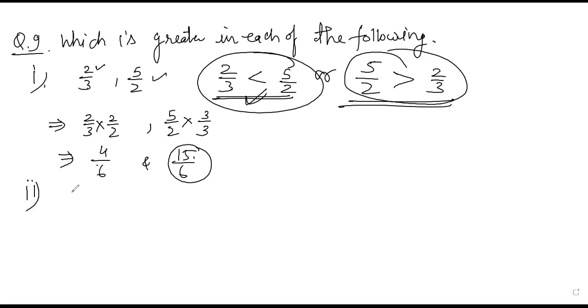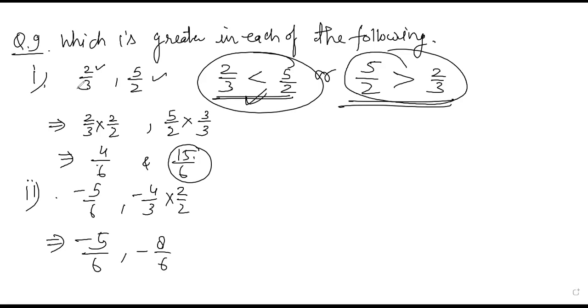In the second part there will be -5/6 and -4/3. Now look, this is 6. Easily if you multiply by 2, the denominators will be the same. So -5/6 and -8/6. Sometimes there is no need to multiply both numbers.